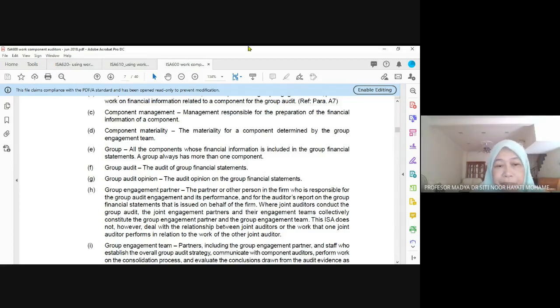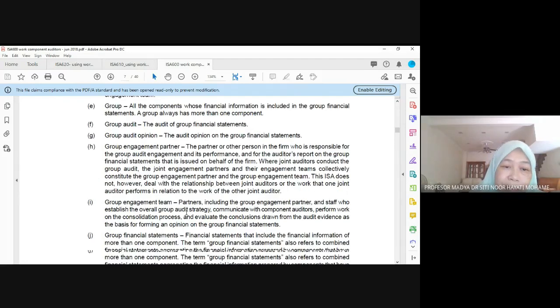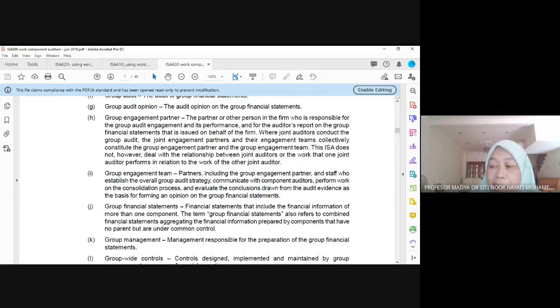Group engagement partner is the partner in charge for this group audit. Group engagement team means the group engagement partner will select the members to be in the team, and it can be from the component auditor, the auditor from the component company.